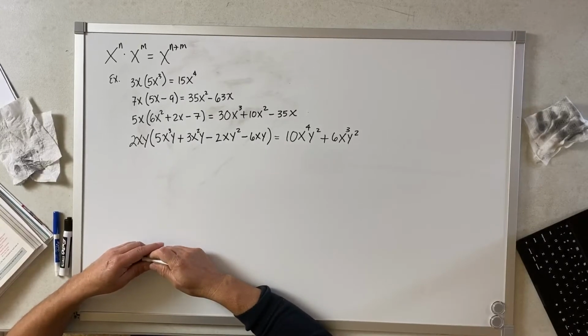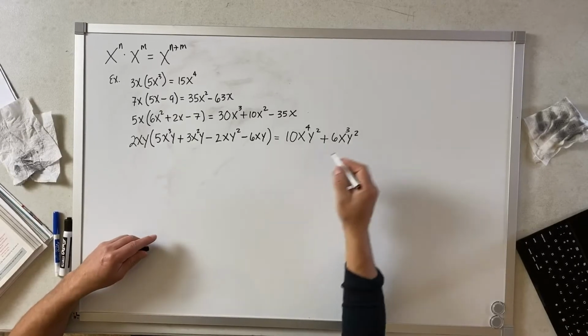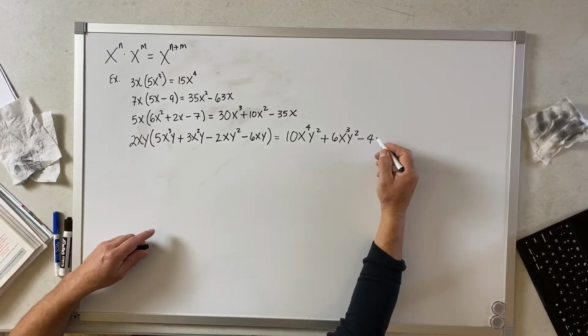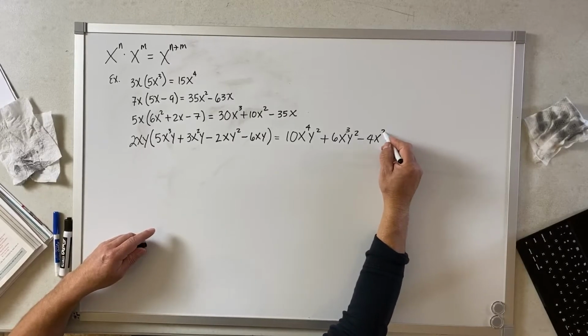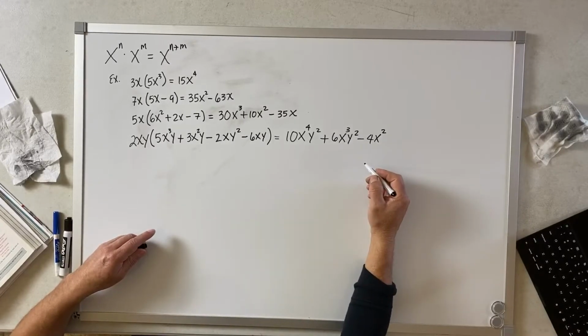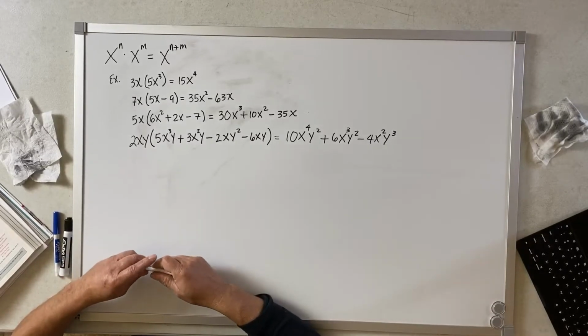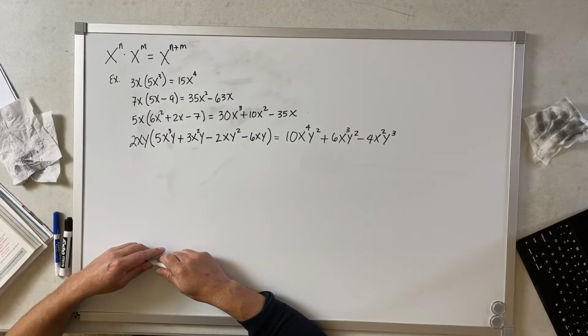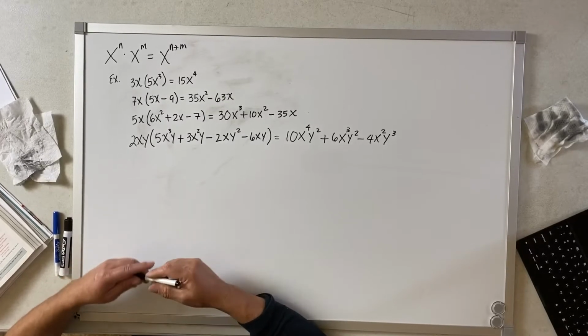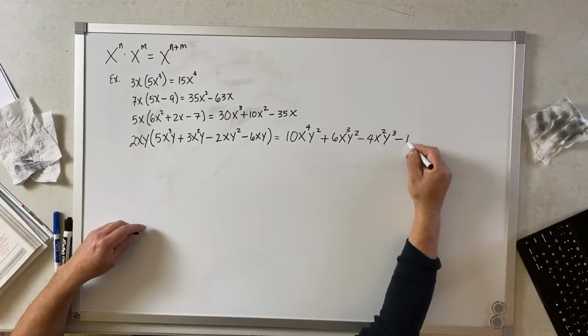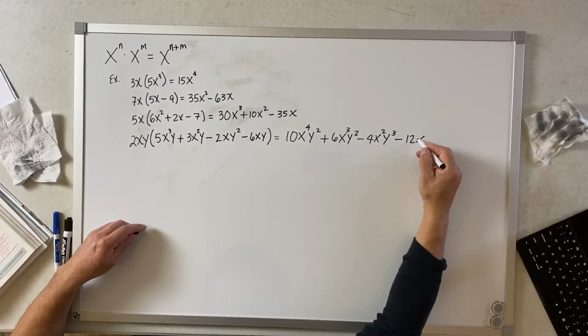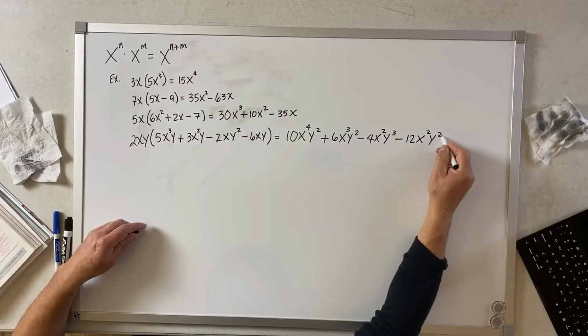Then 2xy times negative 2xy squared, that's minus 4x squared y cubed. And last, 2xy times negative 6xy, that's minus 12x squared y squared.